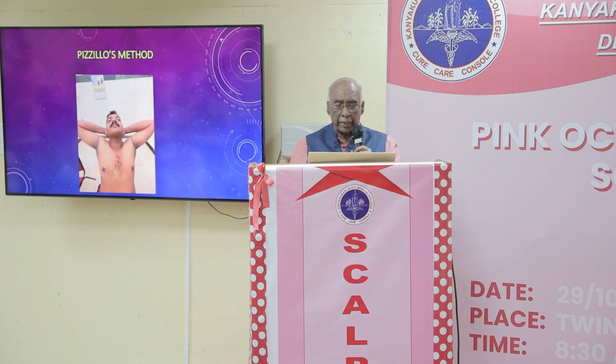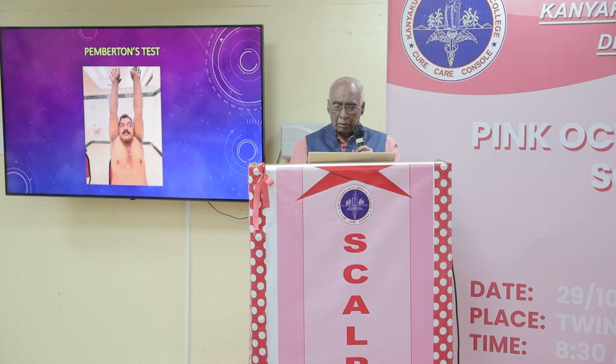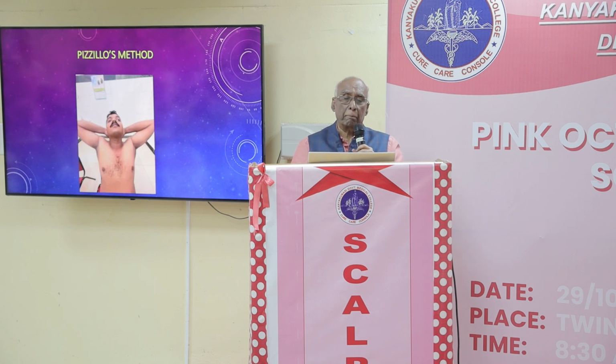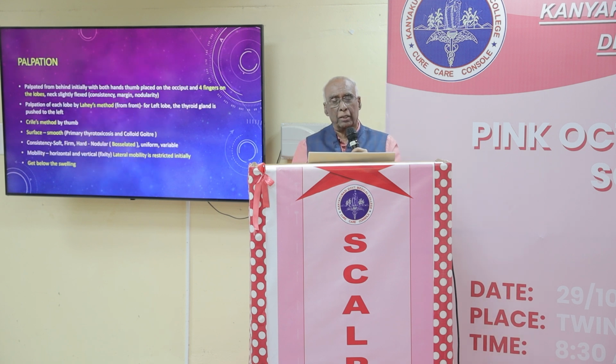Then of course for short-necked people, you use Pizillo's method. This is only for short-necked, keeping both hands at the occiput. Then the Pemberton's test. You know what is Pemberton? For retrosternal extension.